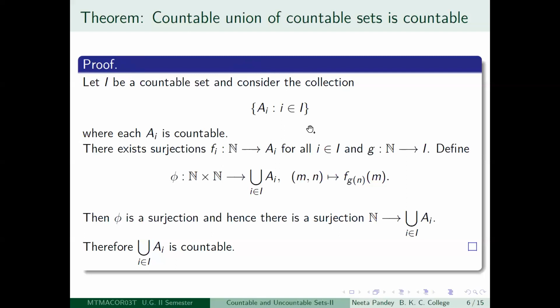It could also be empty, but in that case, there is no such collection. So the whole result collapses. It becomes a trivial thing. So we don't bother about that. I have not specifically mentioned that, but it is obvious from our description that if I is empty, then obviously there is no collection in hand.